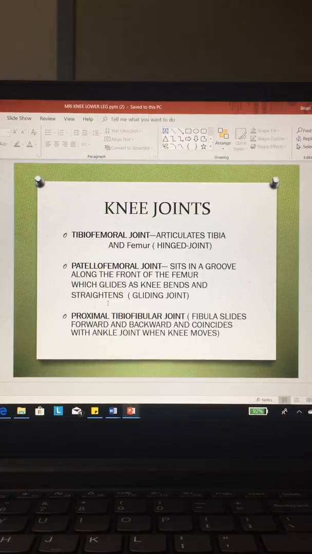Does that all make sense? Is that also a gliding joint? Or not? Sometimes they call it a pivot joint because it's pivoting, or a radial joint type of thing.